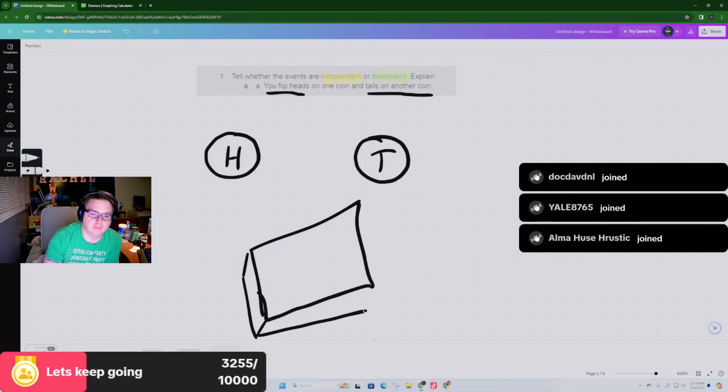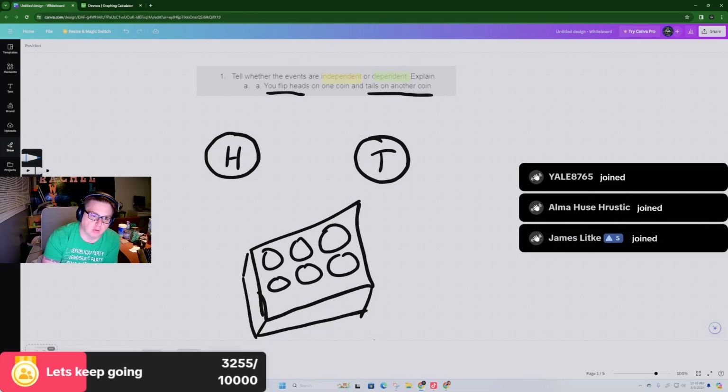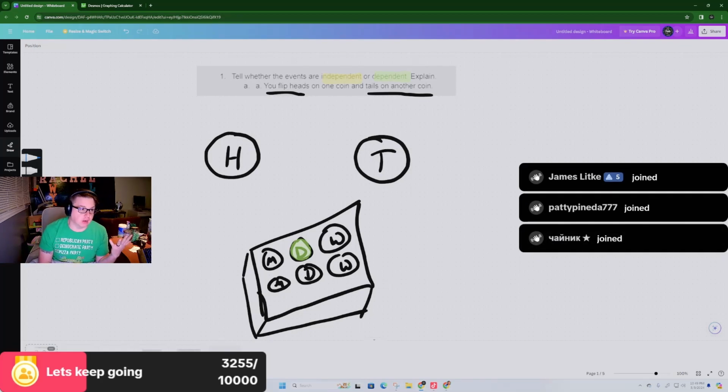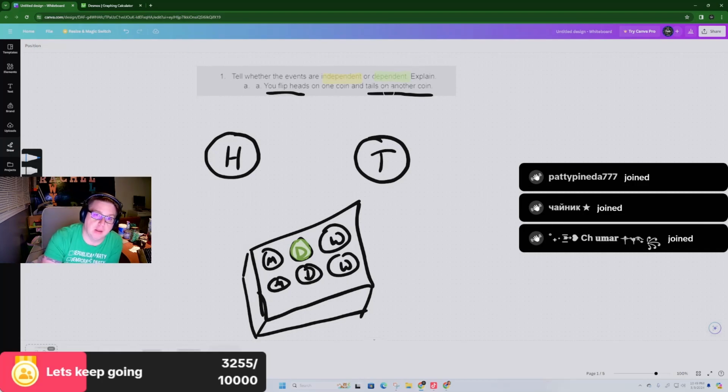Let's say I have a box of chocolates, and I've got milk chocolate, dark chocolate, and white chocolate. When I eat one of those, a dark chocolate, do I have 6 chocolates in there anymore? No, I only have 5. So in that case, I have just changed the probability and it becomes dependent when that happens.